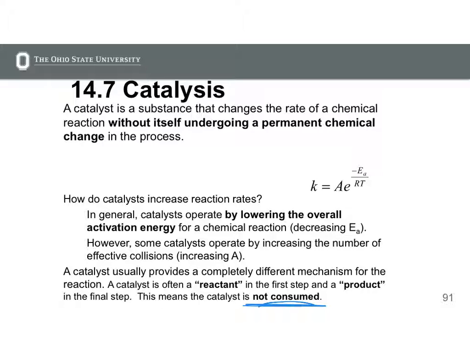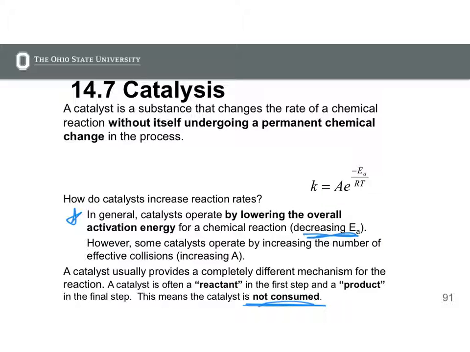So there's a couple of ways that catalysts work. Number 1 is the main way, and that is that it lowers the activation energy for a reaction. So it decreases E sub A. There's another way your book briefly touches on where a catalyst basically allows for more collisions to take place.